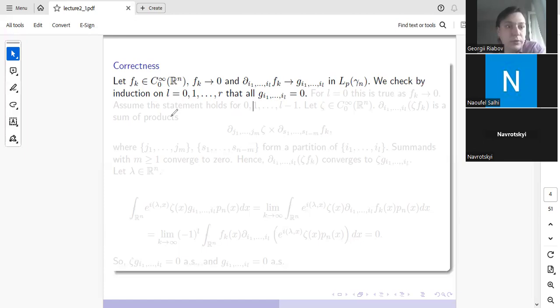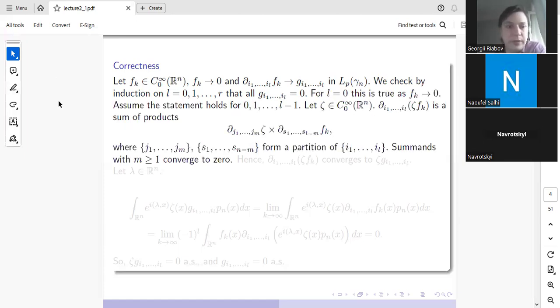Now let's take some compactly supported infinitely differentiable function zeta and look at the derivative of zeta times fk.